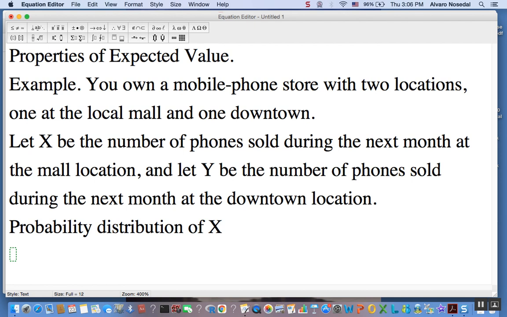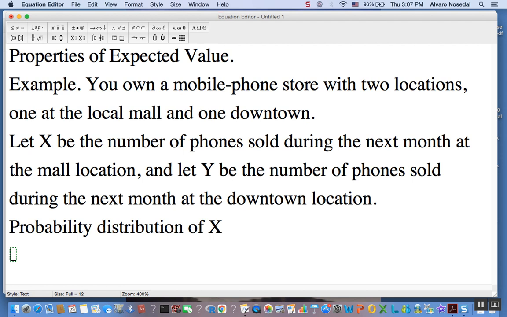As you already know, when we use this term, probability distribution of a random variable, we're just saying we're going to give you a table with all the possible values of the random variable x with the corresponding probabilities of assuming those values. Make sense? So either a table or an expression that gives you the list of all possible outcomes with the corresponding probabilities.